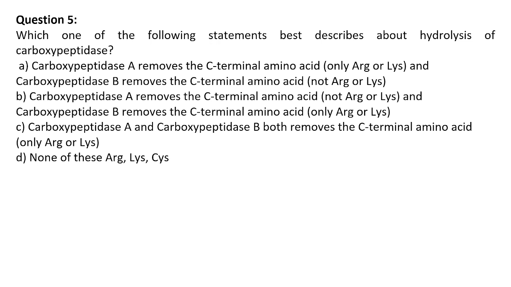The second statement says carboxypeptidase A removes the C-terminus amino acid if it is not arginine or lysine, and carboxypeptidase B removes the C-terminus amino acid only if it is arginine or lysine. So these two statements are contradictory, and we need to understand which one is correct.